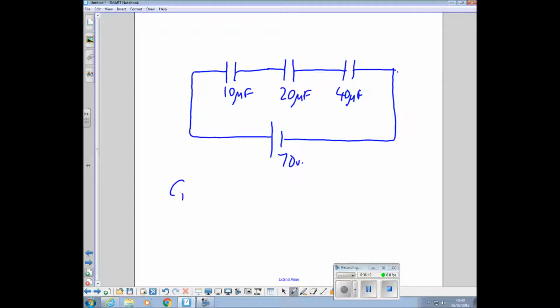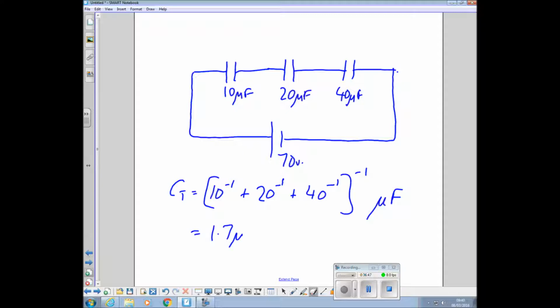Well, CT is equal to 10 to the minus 1 plus 20 to the minus 1 plus 40 to the minus 1, all to the minus 1 microfarads. Just push the buttons on that for me, please. 5.7. Yep.